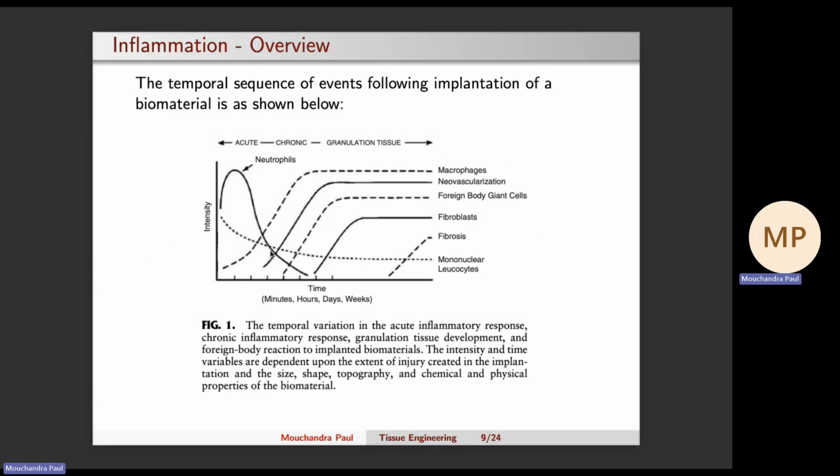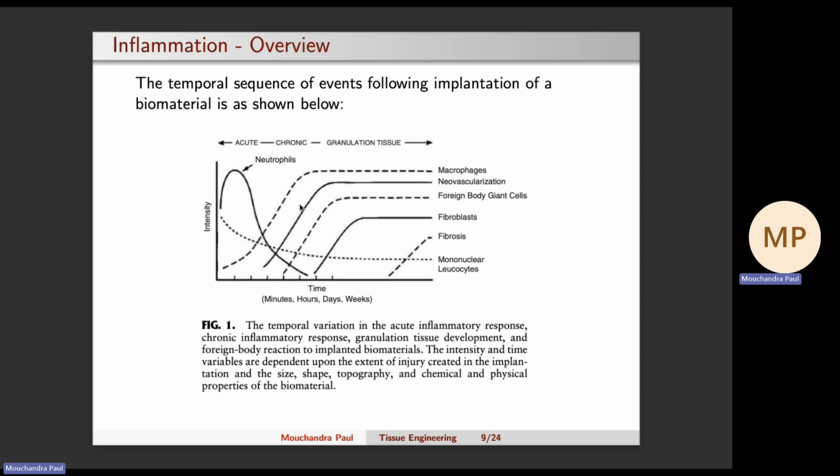As its number is declining, we need other leukocytes to finish the job if any infectious agent has entered. So you will see gradually the number of macrophages increasing. And as I told you, macrophages are very long-lived, which is why after a certain period of time, see here, the neutrophil population has declined.